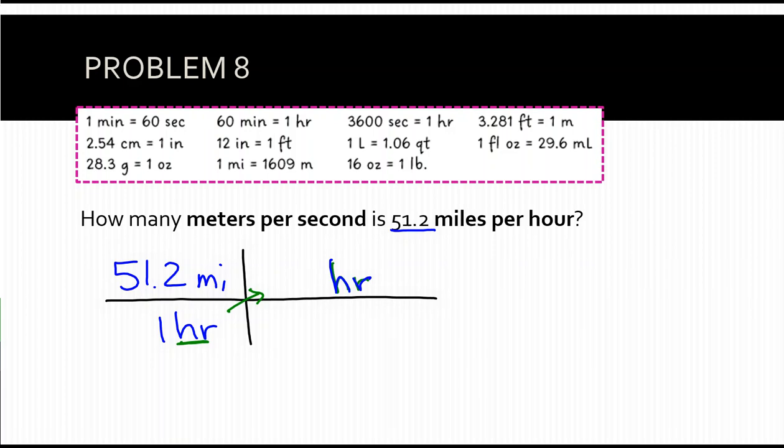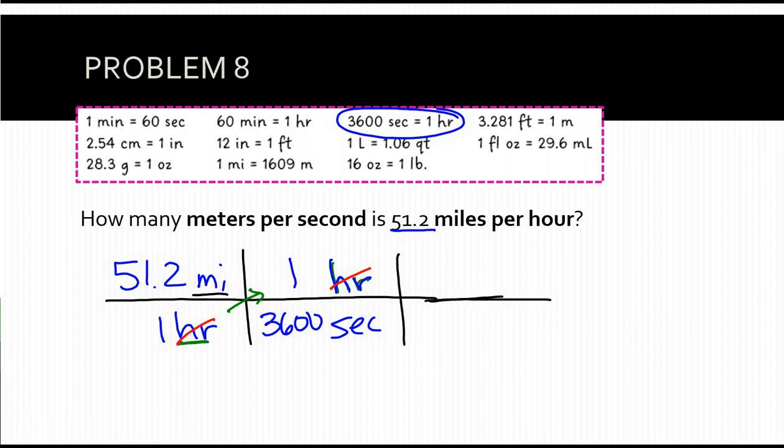Do I have an hours to seconds one? We look up here. Oh, yay, we do have an hours to seconds one. So, 1 hour equals 3,600 seconds. All right, so hours are going to cancel, right? Not done yet, though, because we have to do miles to meters, right?